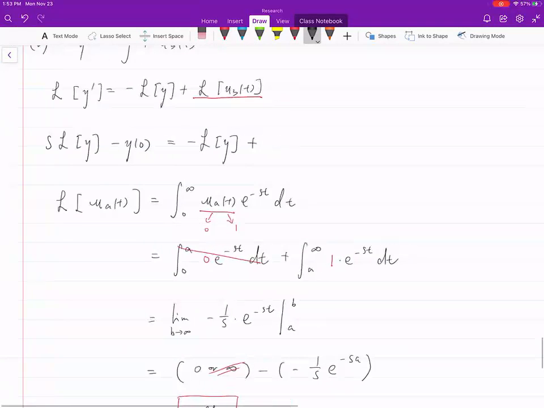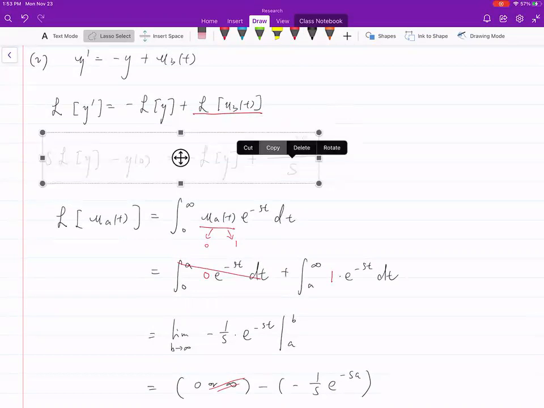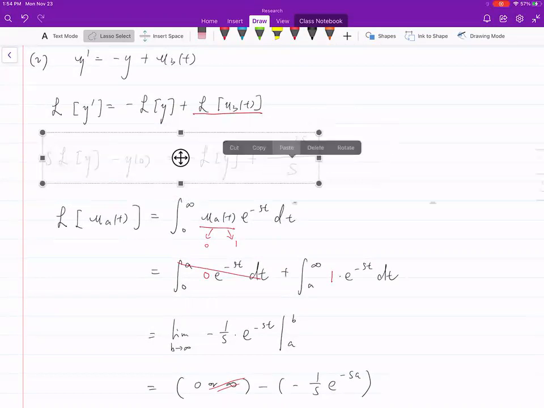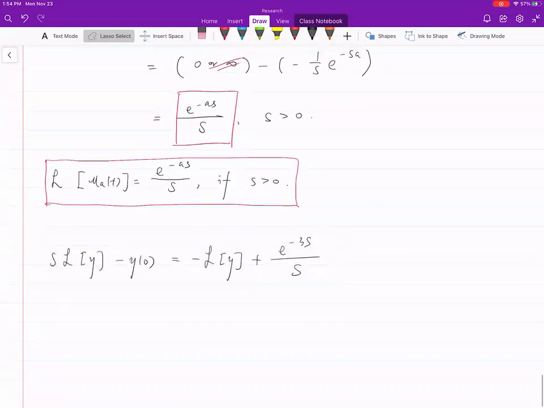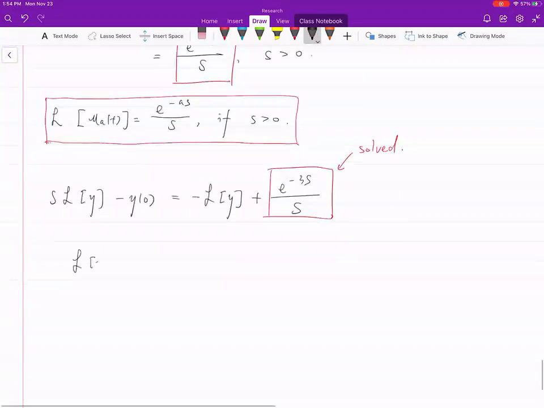Then if we continue with what we have here, we will be able to put something here. That is going to be e to the negative 3s divided by s. Okay, so the first obstacle is solved. Now go ahead and try to solve L(y). This is 1.